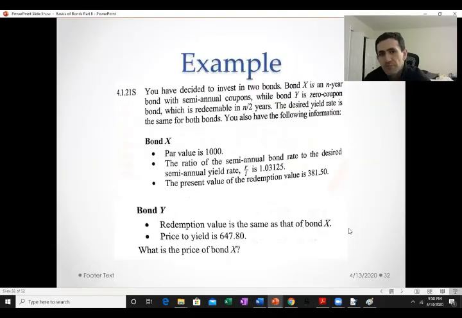Now here it's a little annoying, not really complicated, but this is an n-year bond, so we have 2n semi-annual periods.